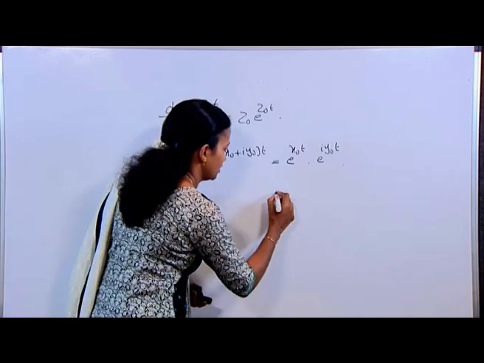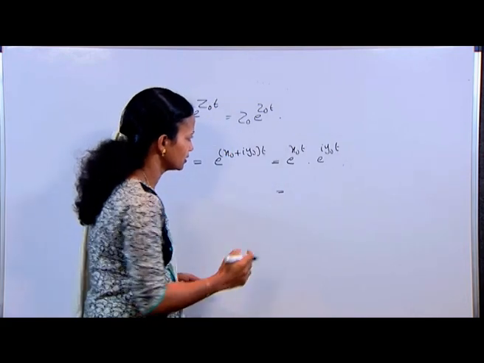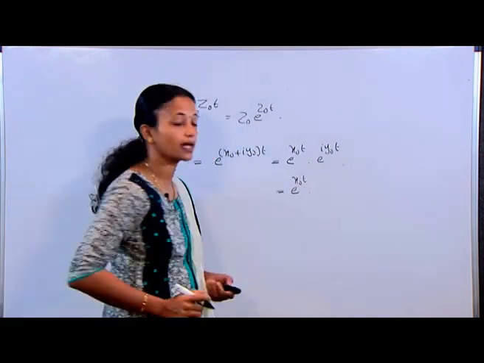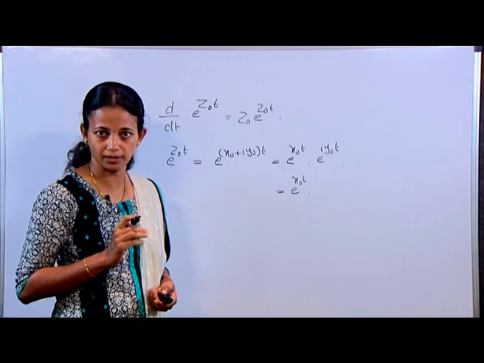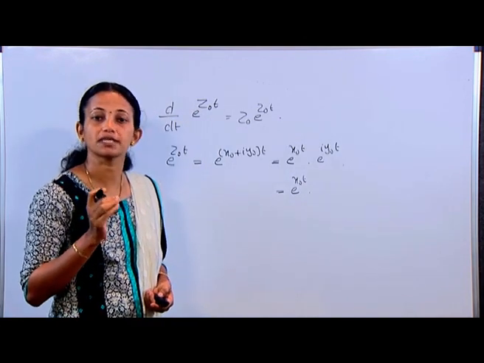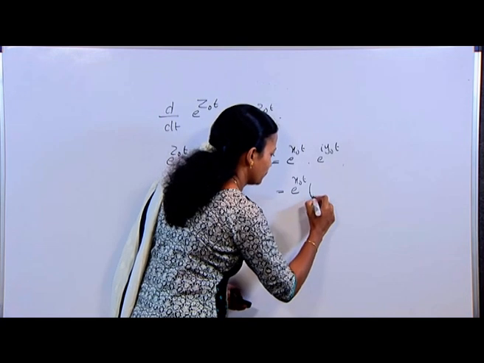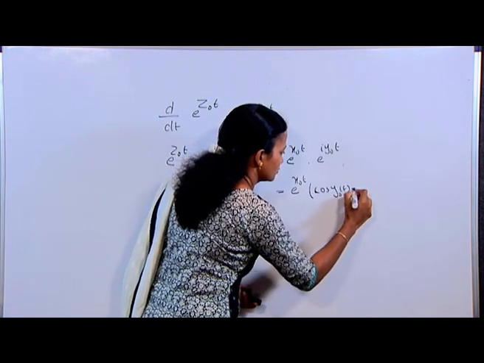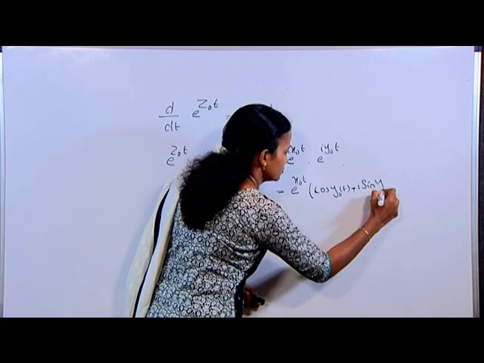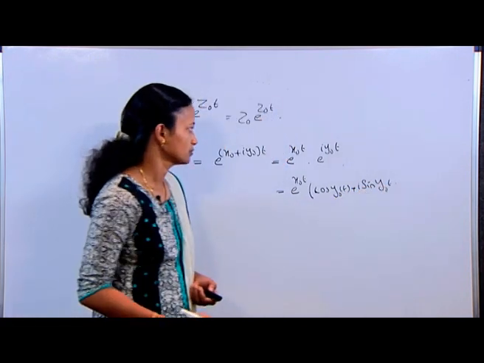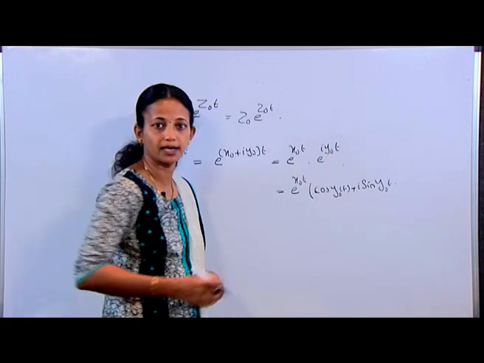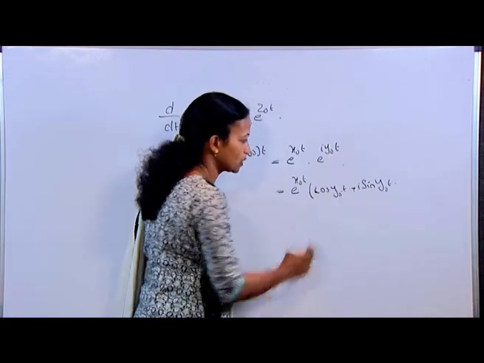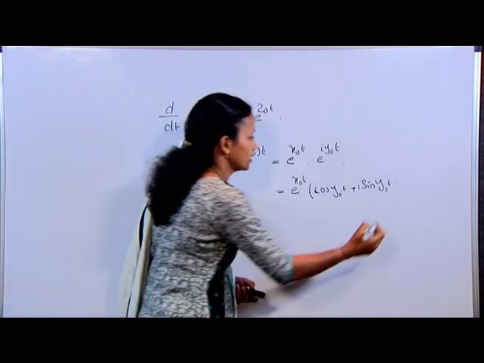This can again be written as e^(x0 t) into e^(i y0 t), which is cos y0 t plus i sin y0 t. That is, e^(i y0 t) can be written like this, cos y0 t plus i sin y0 t.